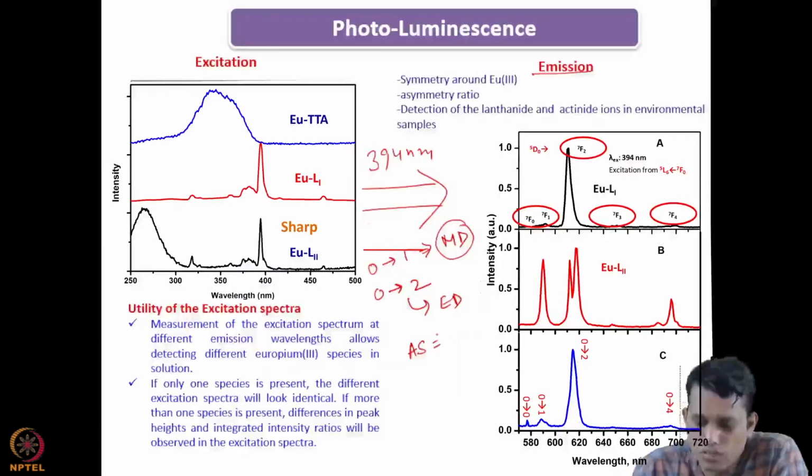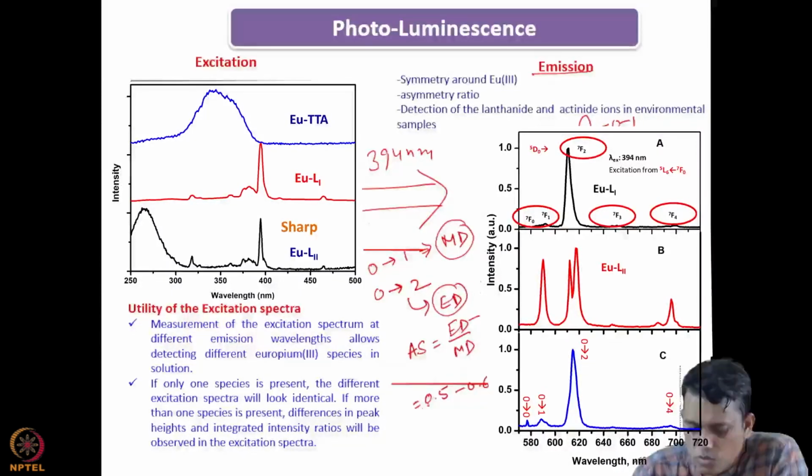That is, the 0-2 transition divided by the 0-1 transition. In a typical spectrum, for water, this is your 0-1 and this is your 0-2, and if you take the ratio, it will be somewhere between 0.5 and 6. Generally, when there is an increase in this ratio, we say that the asymmetry around the europium ion is increasing. So that asymmetry information also, sometimes, we can derive just by using this asymmetry ratio.